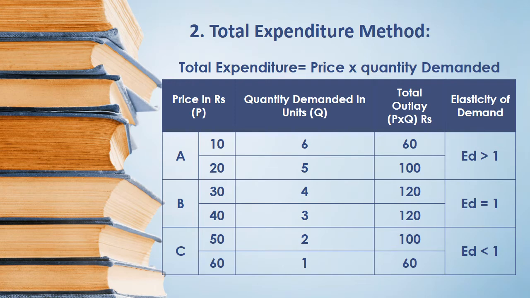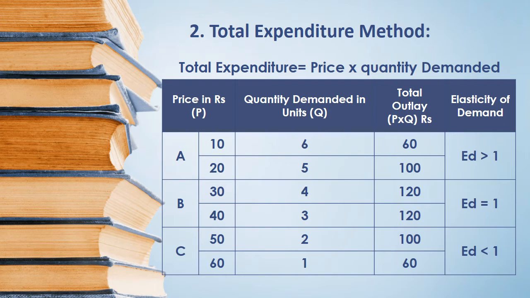That is, earlier it was 120 and now again it is 120. Even though the quantity demanded has decreased, the total expenditure is constant. So there is no change in total expenditure. So this is called elasticity of demand equal to 1, that is unitary elastic demand.